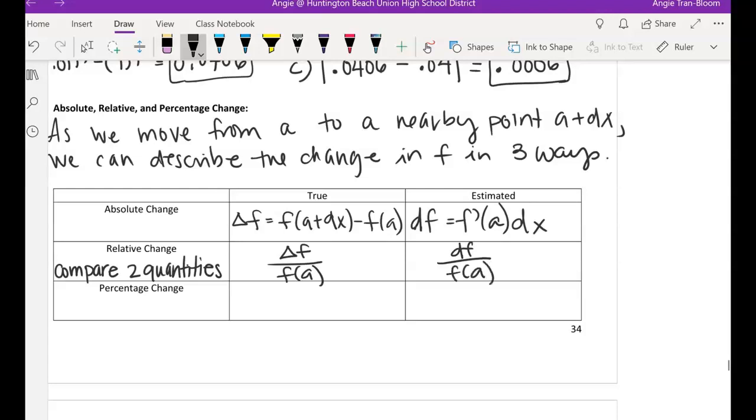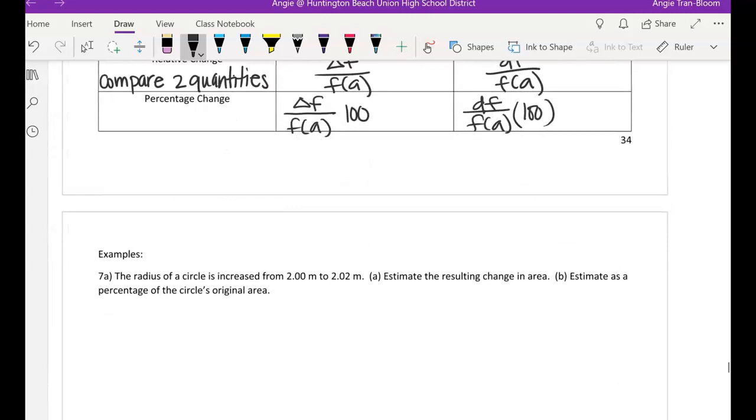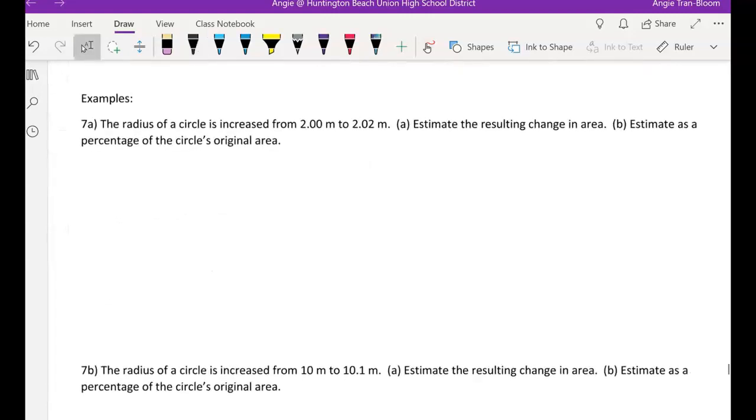Then percentage, that's normal. We multiply everything by 100. So the change in f divided by f of a, and then times that by 100. Same thing over here, df over f of a times 100 if you want to know the percentage. Okay. All right, let's see what that is going to be used for.